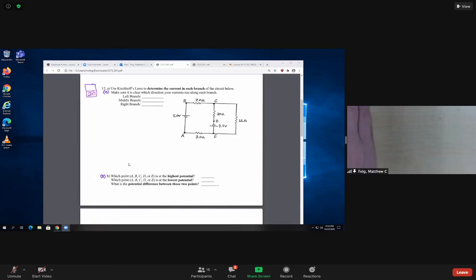Part B: which point, capital A, B, C, D, or E, is at the highest potential and the lowest potential, and what's the potential difference between those two points? Basically, if you answered part A, you have a complete understanding of current in the circuit. And part B is saying, let's spend a little bit of time and see if you can figure out some key information about potential or voltage.